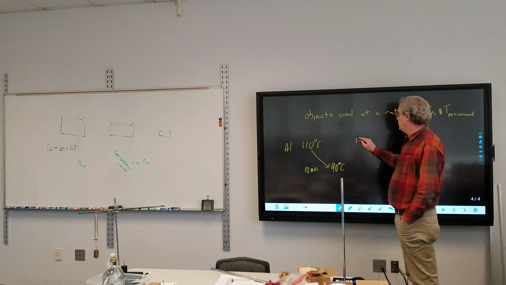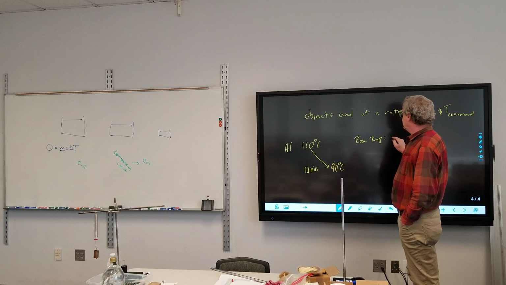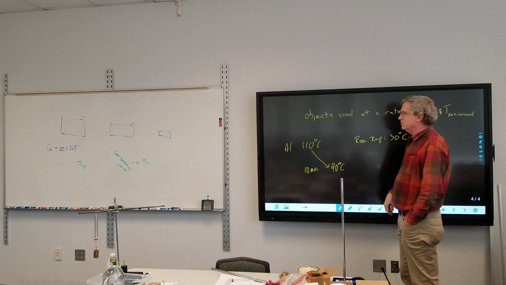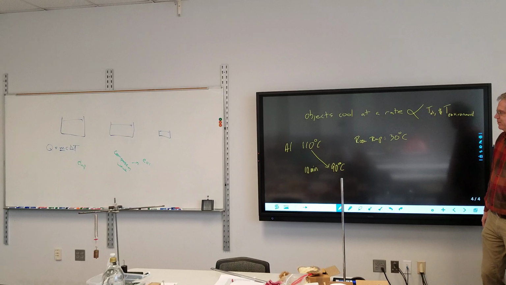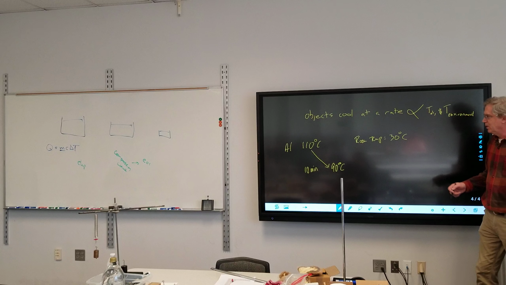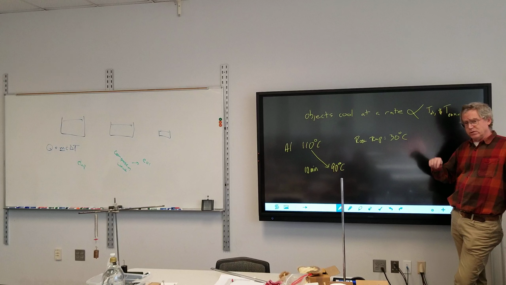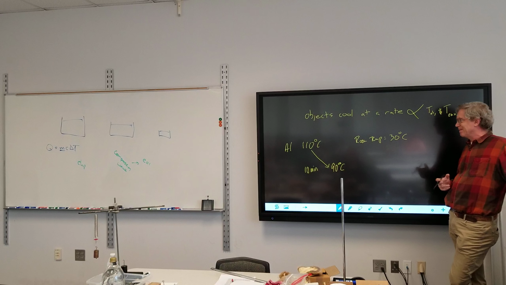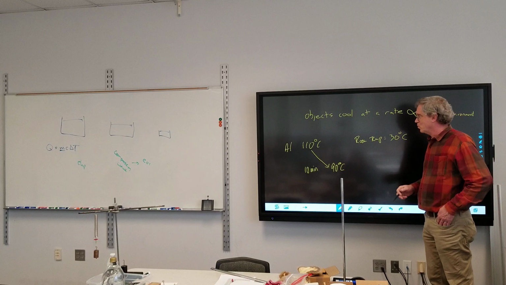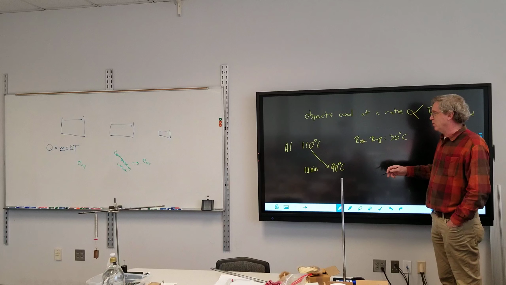The room, it's a very muggy room, 30 degrees Celsius, so about 90 degrees. Quick and dirty rule of thumb that goes from degrees Celsius to degrees Fahrenheit: very quick and dirty, double it and add 30. There are more official methods, but that's if you need to do something quick.